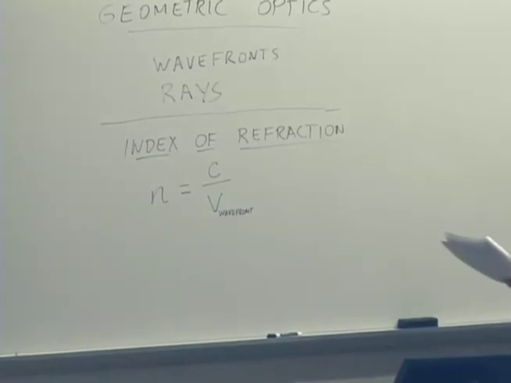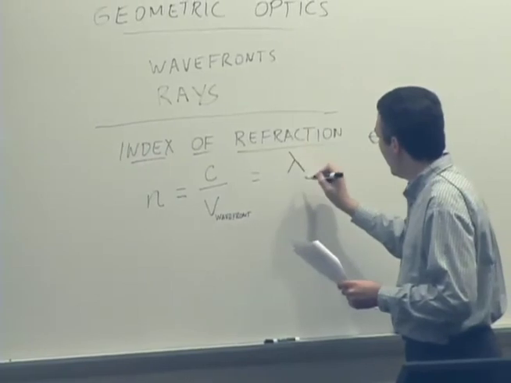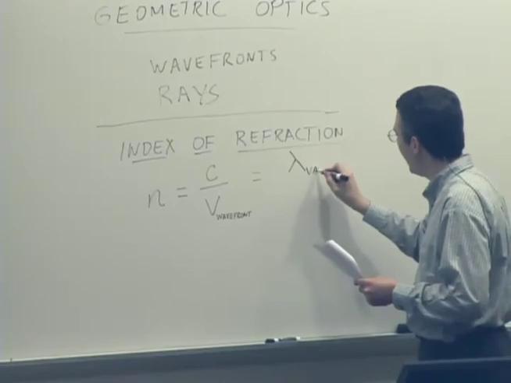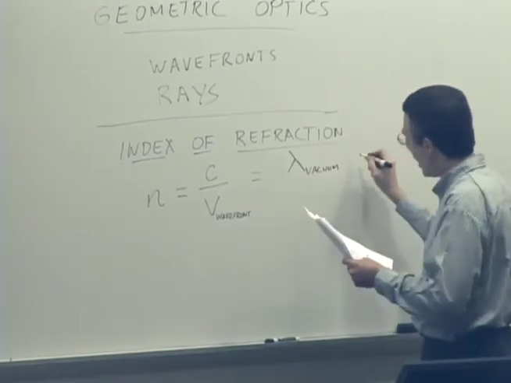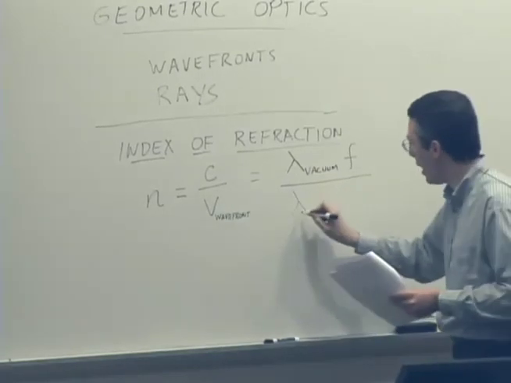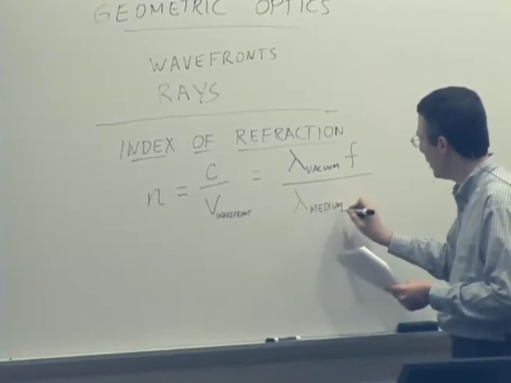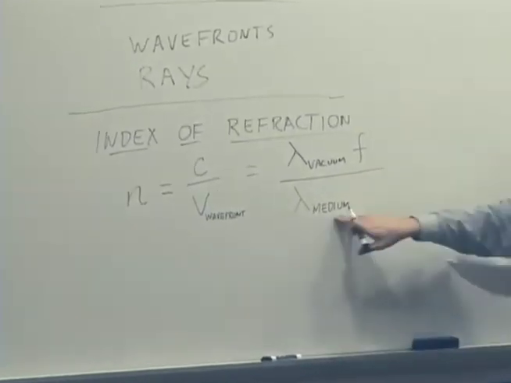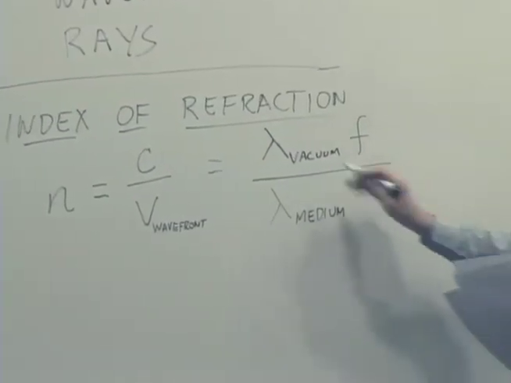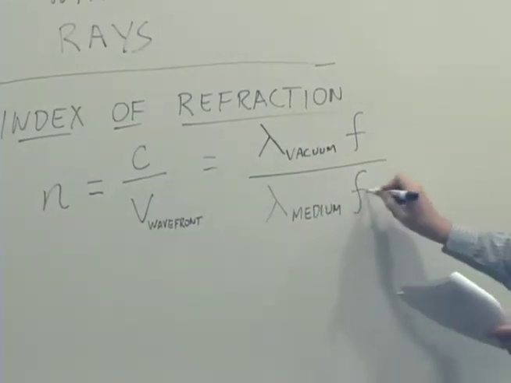Because we can compare these two speeds, the speed of light in vacuum is the wavelength in vacuum times the frequency, and the speed of the wave front is the wavelength inside the medium times the same frequency. When I say the word medium, I just mean some material that the light is traveling through.